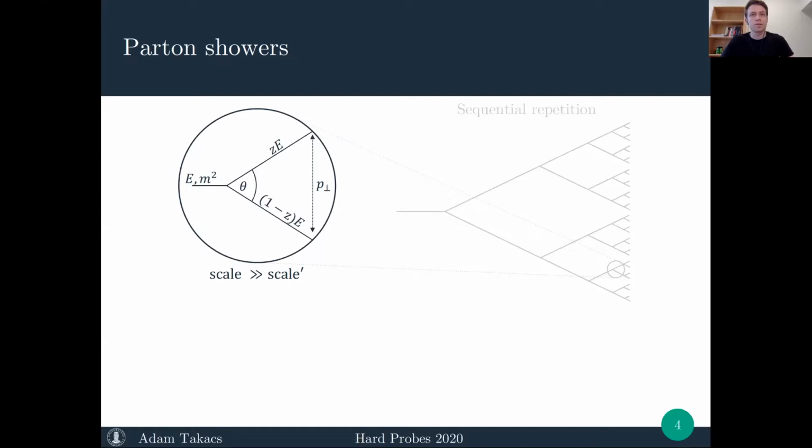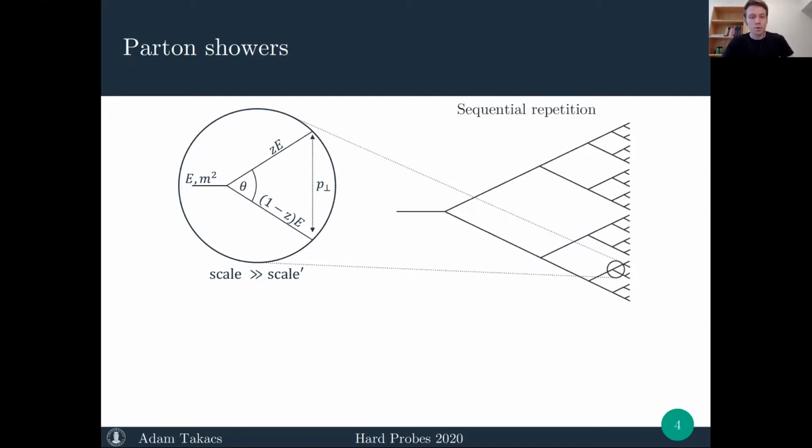Parton showers iterate sequentially the splitting many times in a strict way following QCD rules. Based on this, one can see that jets are not simple multi-parton objects, but they are more like a single parton and all its additional radiation caused by the divergence structure of QCD.